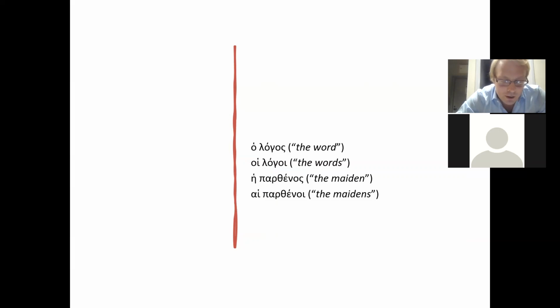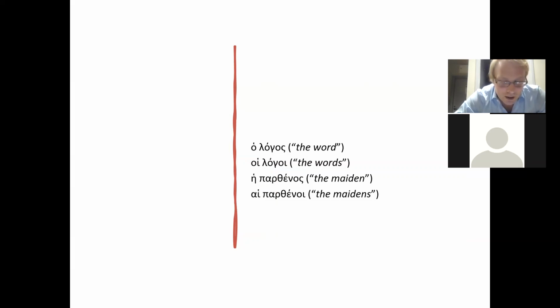That is, we have a masculine singular nominative article connecting to a masculine singular nominative noun, and a masculine plural nominative article that connects to a masculine plural nominative noun.